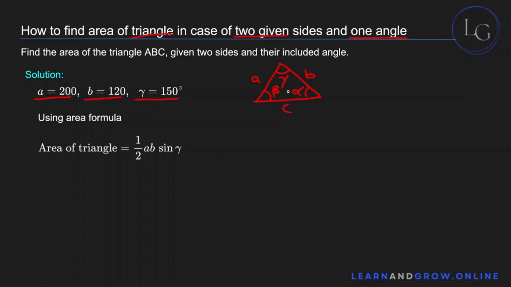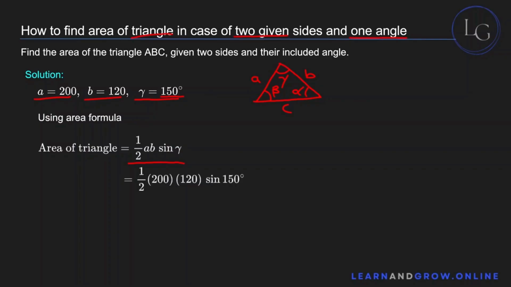And to use this sine formula of the area, you need to have 2 sides and the angle those 2 sides make. Luckily, in this particular question, we have the sides A and B, this side and this side, and we also have the angle between them as 150 degrees. So now you can simply use this formula, half of A into B into the sine of the angle that they make.